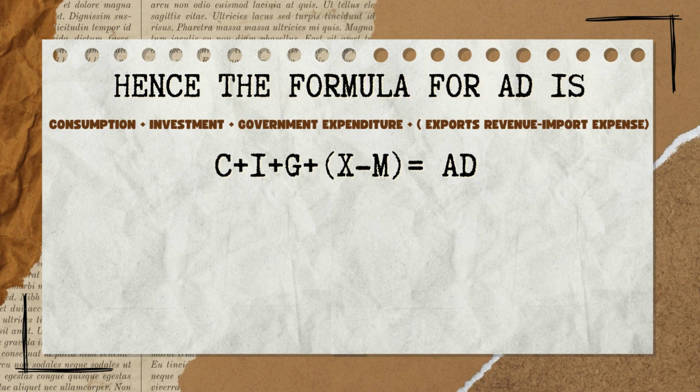The consumers consume, so consumption is one part of aggregate demand. Investors invest, so investment becomes the other component. Government spends on upgrading the nation, so government expenditure becomes another part of aggregate demand. And last but not least, export revenue minus import expenditure.